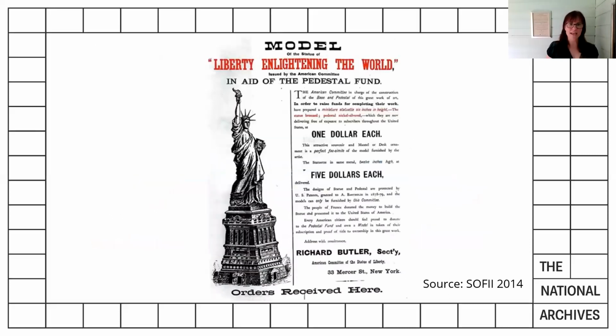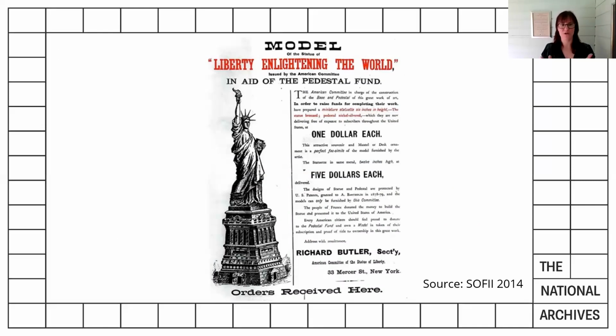Often when we talk about crowdfunding, people think that it's a relatively recent innovation. I think it's fascinating to look back at the history of fundraising generally. I thought you as archivists would appreciate this, to see how crowdfunding as an idea has been around for a really long time. A really nice example is the campaign to build the base of the Statue of Liberty in New York.